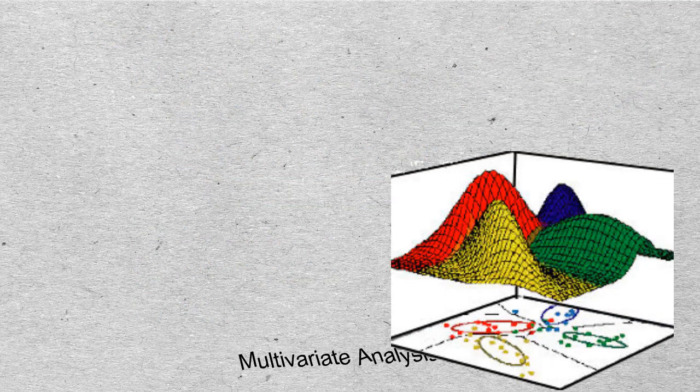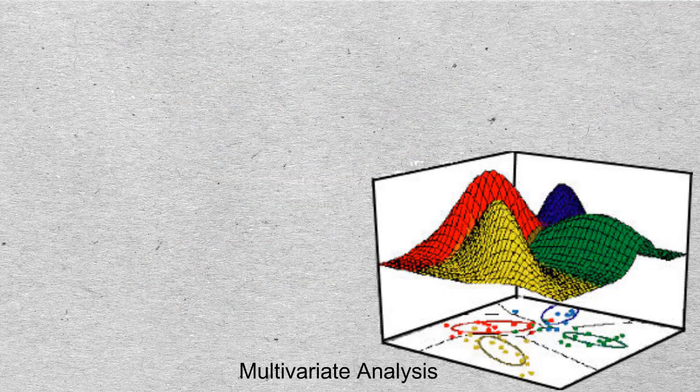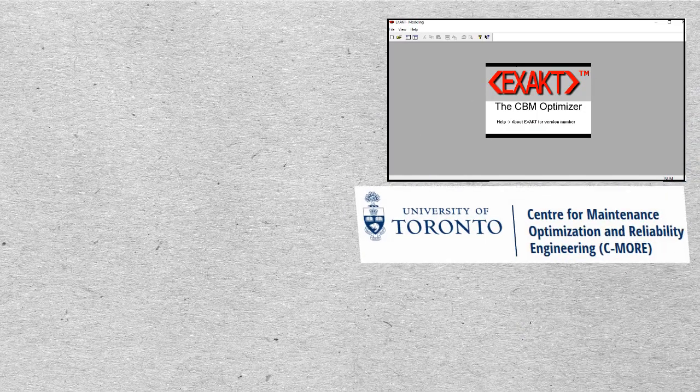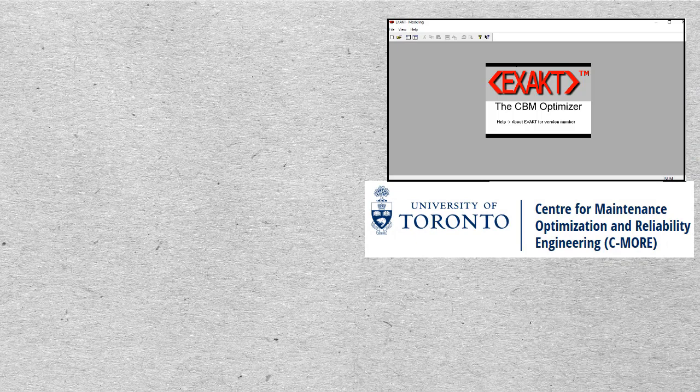We'll apply a multivariate reliability analysis method to object part events and to condition monitoring data, both occurring in the same sample window. The method is known as exact condition-based maintenance optimization, developed at the University of Toronto by Professors Andrew Jardine and Dragan Banjevic.